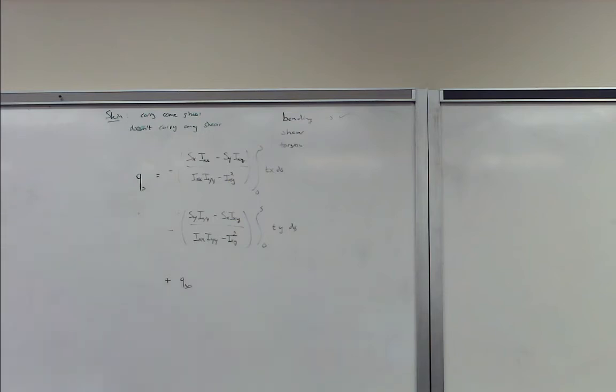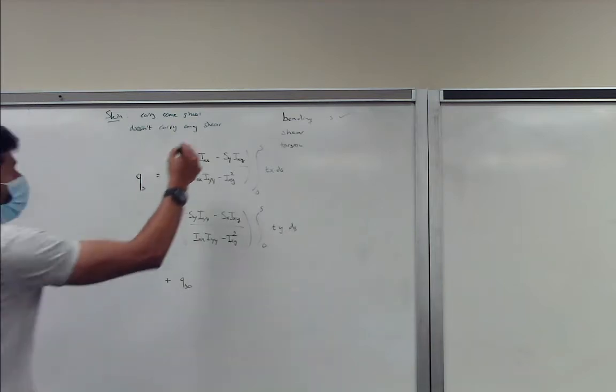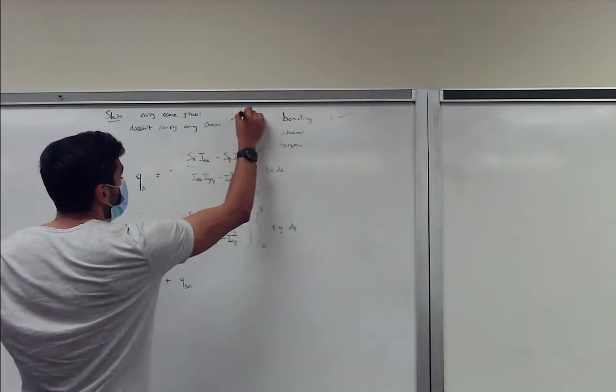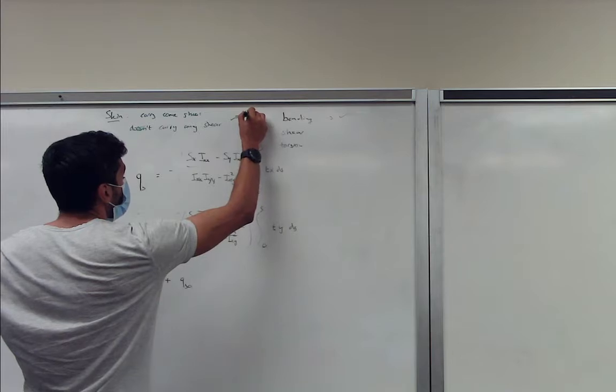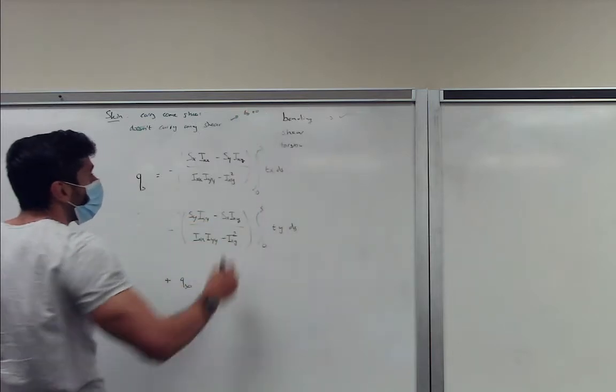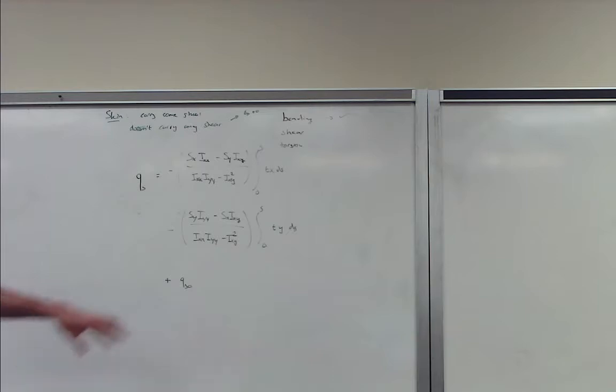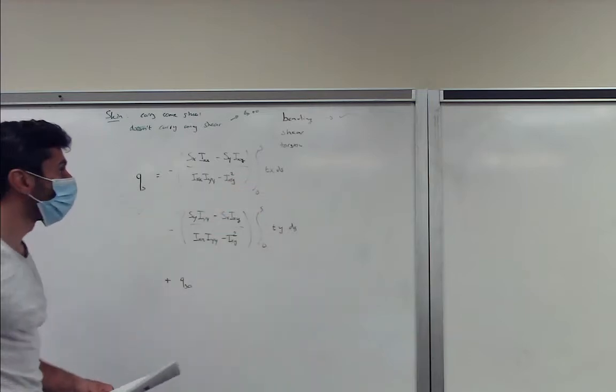So those are the two options that we have. If you look at the second option, doesn't carry any shear, that is where we also assume that the skin thickness, let's call that tD, is equal to 0. So in this case, the skin thickness is represented here.